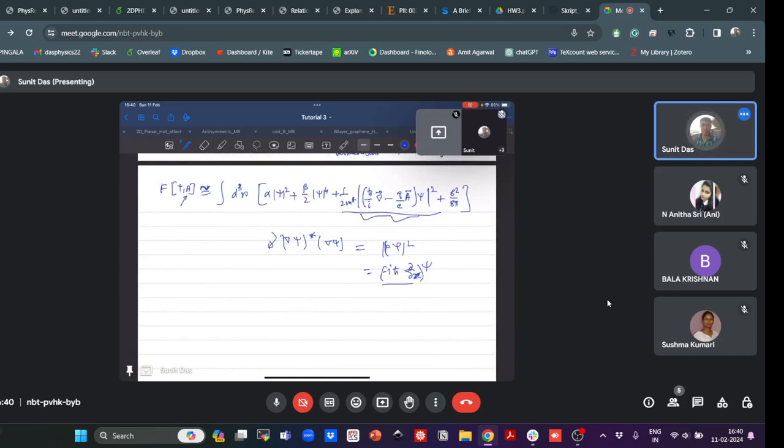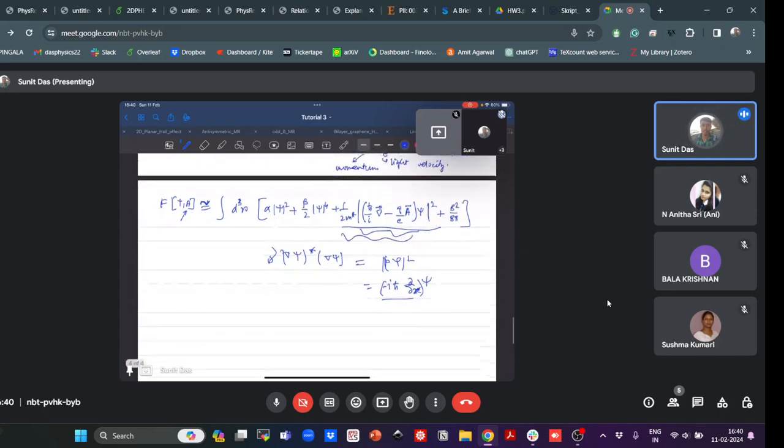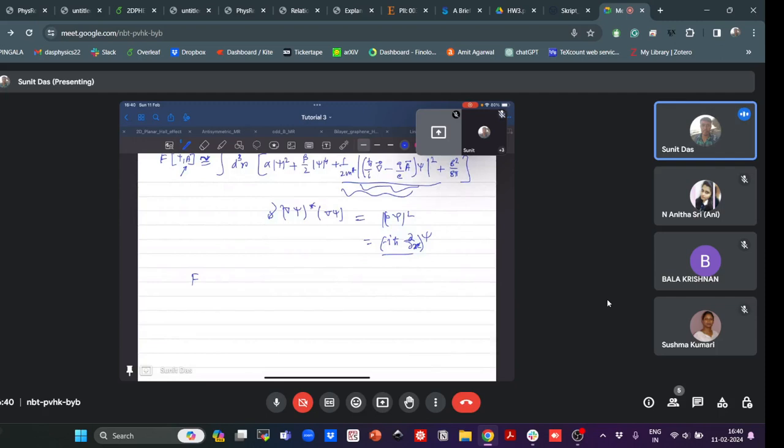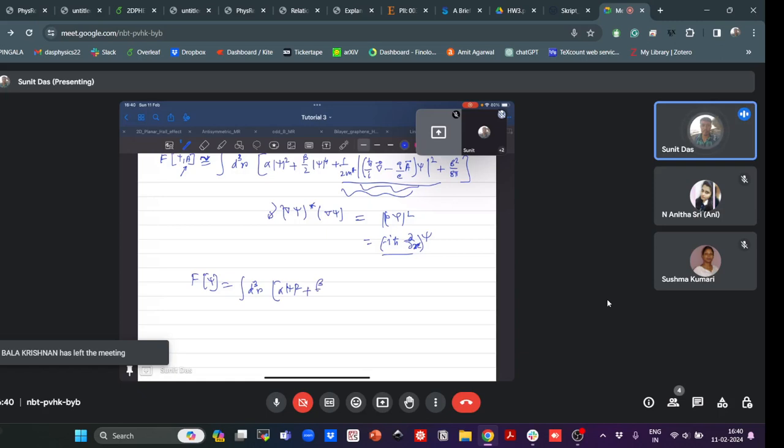So this is precisely like kinetic energy. To explain more, let's say psi in the absence of a field: d^3 r alpha psi squared plus beta by 2 mod psi to the power 4 plus gamma grad psi star grad psi. Now we can think of this as a kinetic energy.